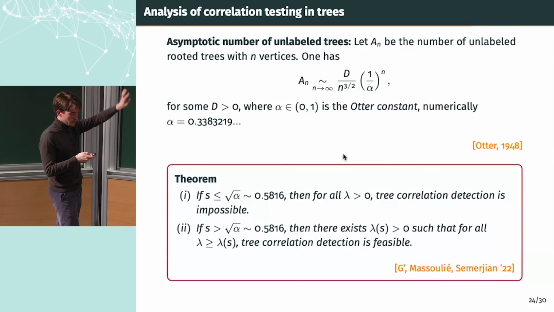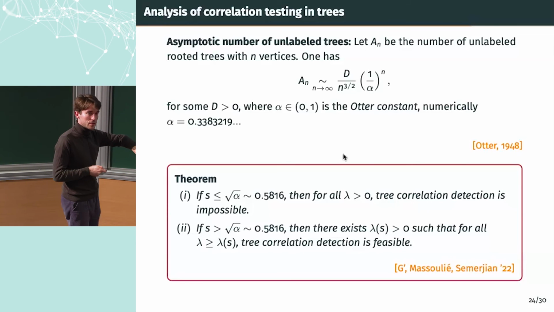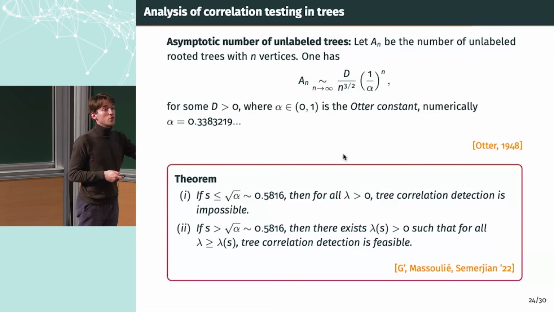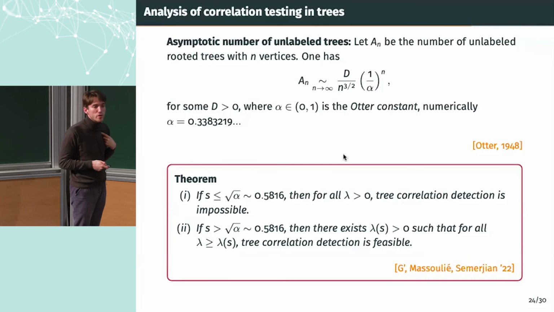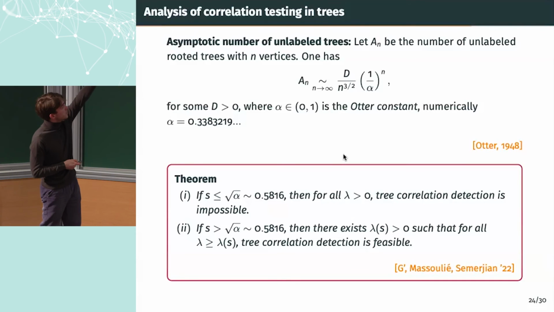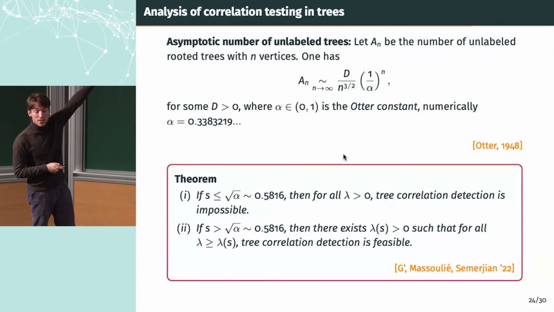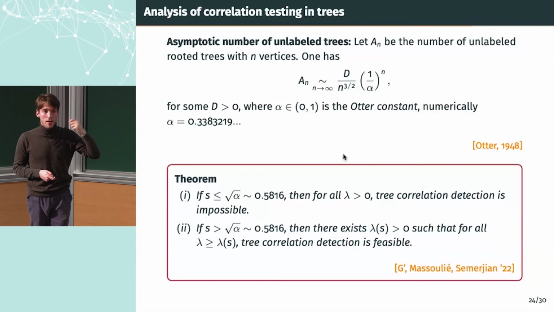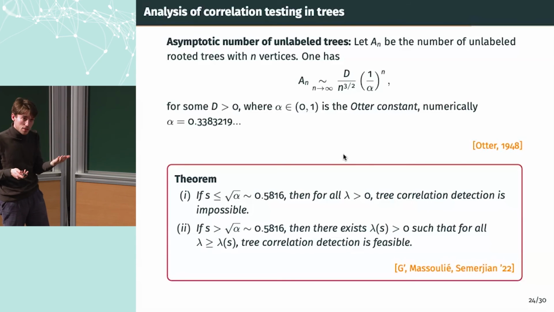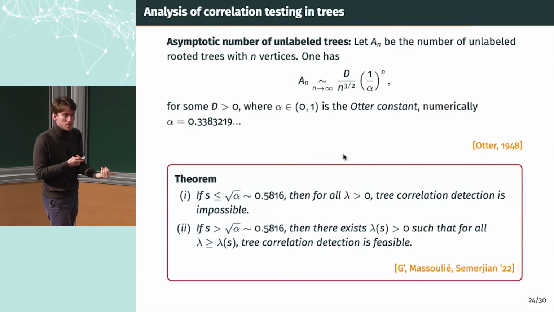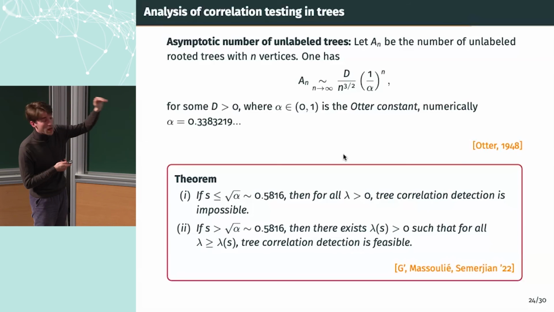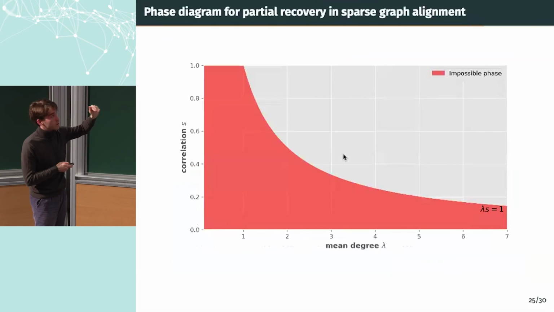So that's a theoretical result on what happens on trees, but it has computational implications for my polynomial time method, because whenever I'm in the second case, I can apply my local method and succeed in partially recovering my signal. And you see where this transition happens at s equals square root of alpha.